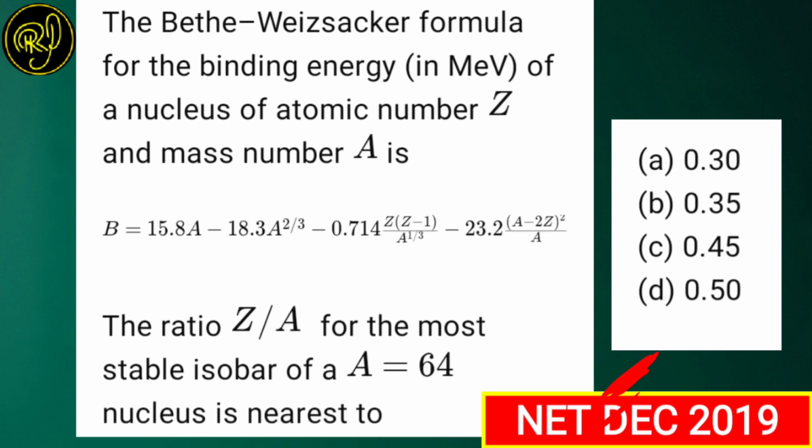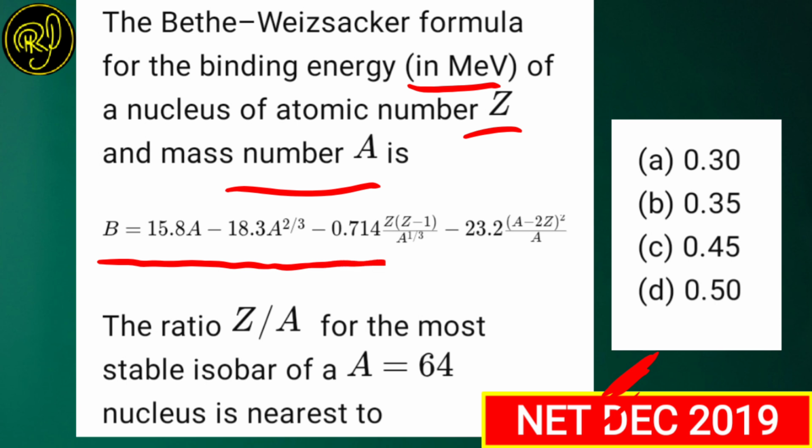2019. The question says that the Bethe-Weizsäcker formula for the binding energy in mega electron volt of a nucleus of atomic number Z and mass number A is given as B = 15.8 A - 18.3 A^(2/3) - 0.714 Z(Z-1)/A^(1/3) - 23.2 (A-2Z)^2/A.